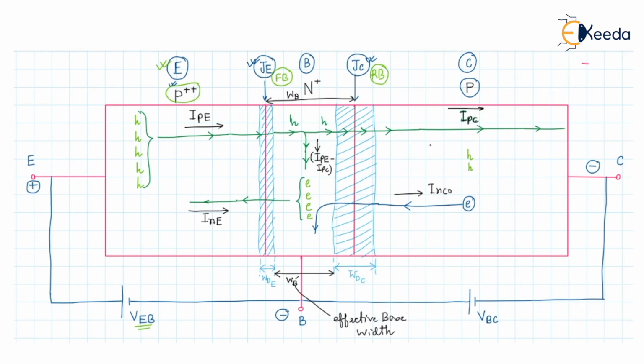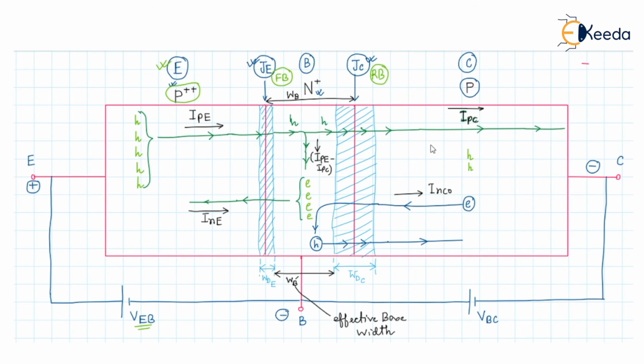Similarly, there will be some minority carriers inside the base also, and the base is an N plus material, so there will be some holes present which are the minority carriers. This minority carrier can cross the JC junction and come into the collector region.